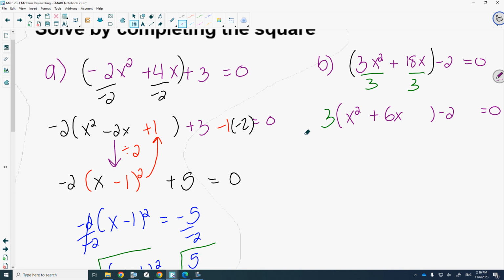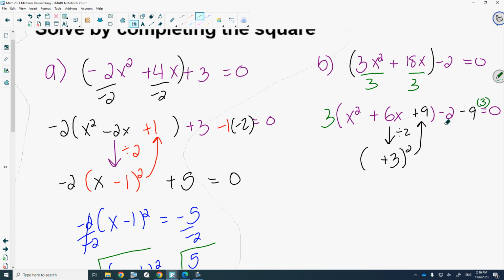What we're doing is we're going into vertex form by completing the square. You take that middle number and you divide it by 2, and we're going to get plus 3. When you square that, you'll get plus 9. If you add 9, balance by subtracting 9. Then say to yourself, don't forget to multiply it by whatever you factored out, which was the 3.